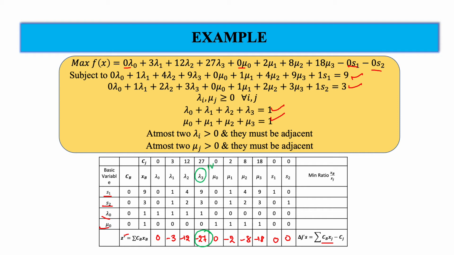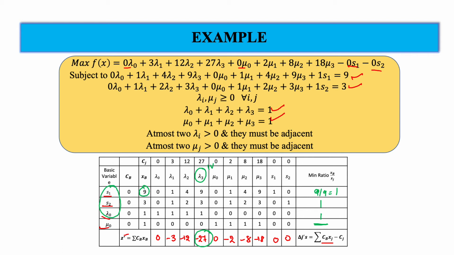Now we will find the outgoing variable. For that we will find the minimum ratio. So xb divided by the lambda 3 coefficients will give the minimum ratio: 9 divided by 9 is 1, 3 divided by 3 is 1, 1 divided by 1 is 1, and 1 divided by 0 we will ignore. So now any of these three can be the outgoing variable.